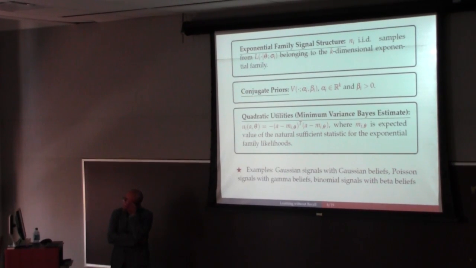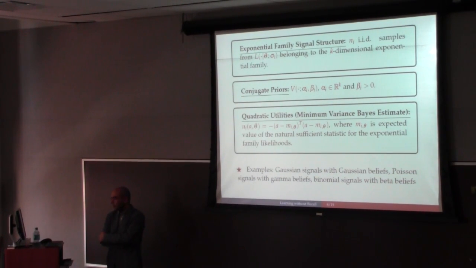So to implement this proposal in various scenarios, I start with a few assumptions that lead to the DeGroot model, the averaging rule that I described at the beginning. The assumptions that we need are threefold. First, we need the likelihood of the signals to belong to the exponential family signal structure.